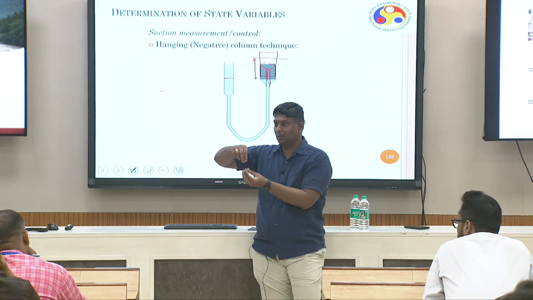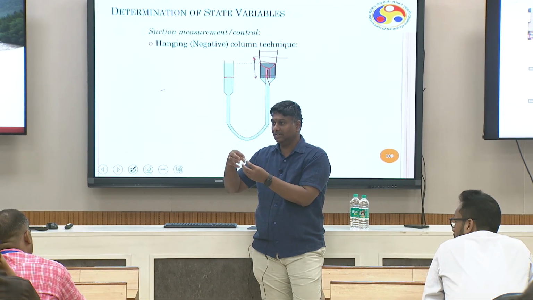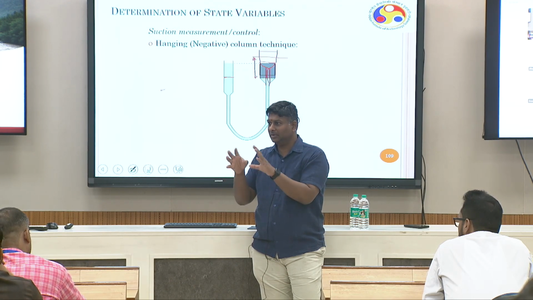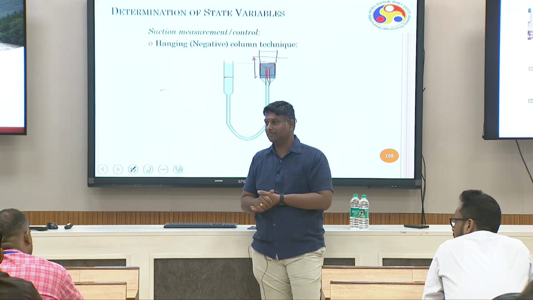But if you try to take in the fluid, it will stop here. That is because of the suction difference existing between two different pores. Most of the pore network within the soil mass is connected by a number of different pores, right? So that is how it is described.